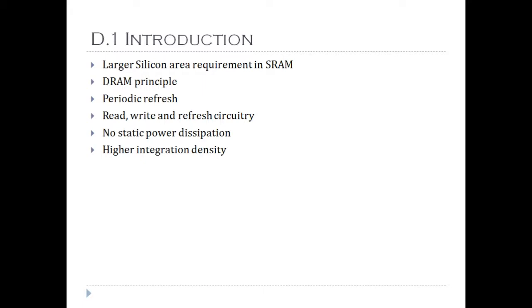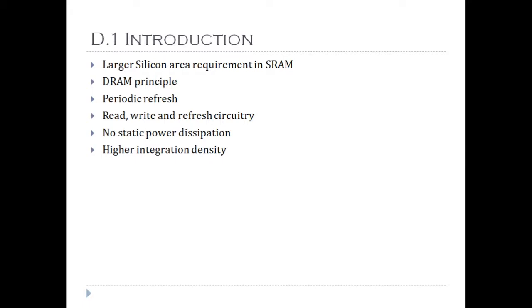To store 1 bit, we need 6 transistors: 4 transistors for implementing 2 inverters and 2 transistors as access switches. Along with these 6 transistors, we also need 2 bit lines, that is 2 column lines, 1 word line, VDD, and ground. So it consumes a lot of area for storing a single bit.